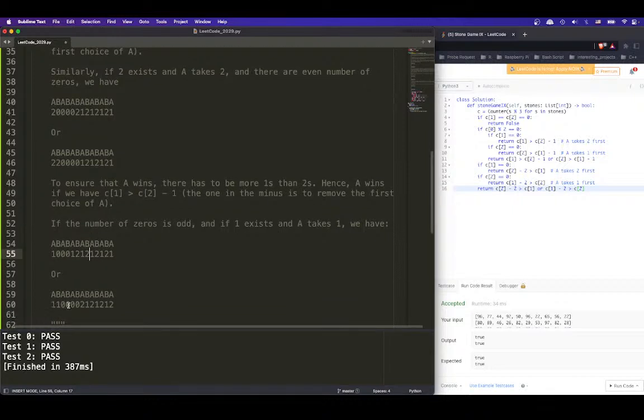Or B takes this and then B has to take 2. 1, 2, 1, 2, 1, 2, and 1. Right? So in both cases, it's the same. B is always 2, A is always 1.